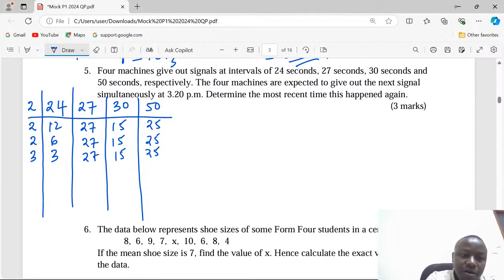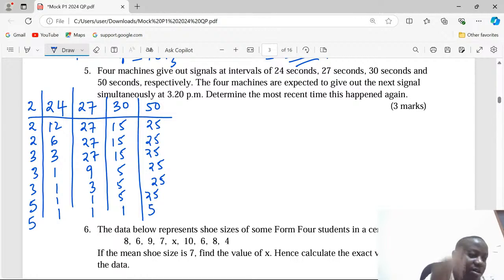By 3, we'll have 1, 9, 5, 25. By 3 again, 1, 3, 5, 25. By 3, we shall have 1, 1, 5, 25. By 5, we shall have 1, 1, 1, 5. Then finally by 5, so that everything simplifies out.